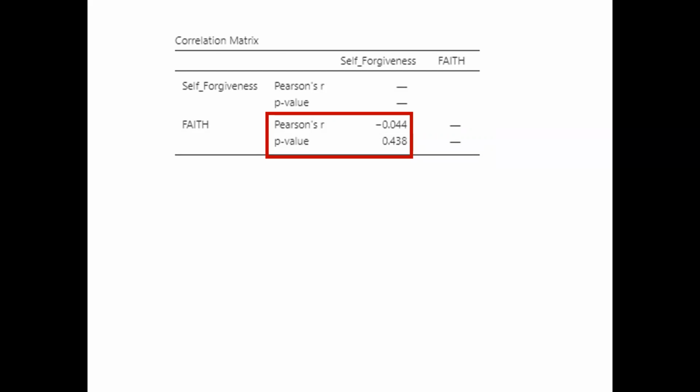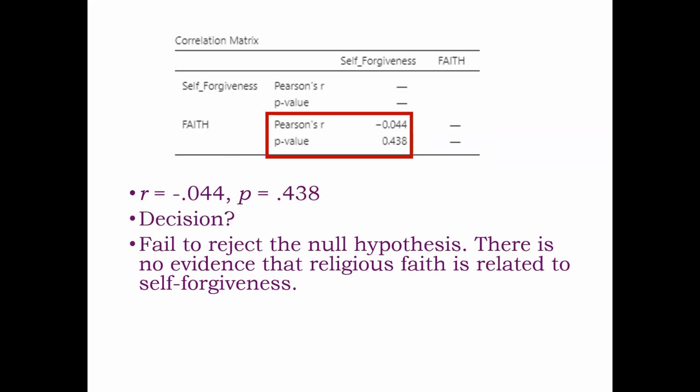All right, so remember, reject if p is less than 0.05. Well, 0.438 is clearly greater than 0.05, so we fail to reject the null. Fail to reject the null. I'm going to write that out because I know people often get confused here.